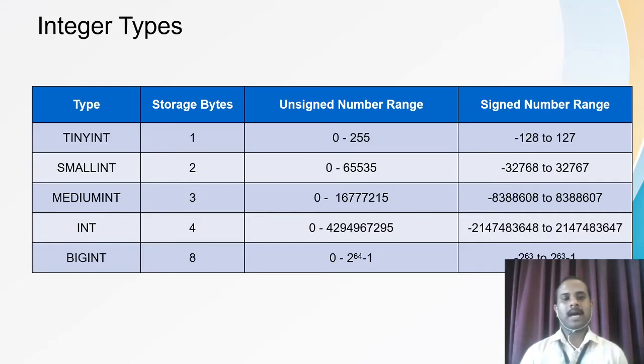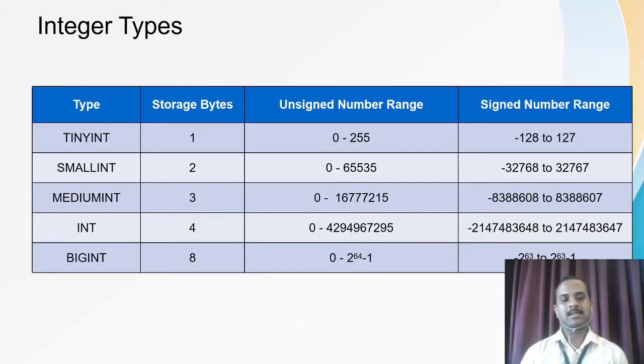So your maximum value is 2 to the power 8 minus 1. Small int uses 2 bytes, so your maximum value is 2 to the power 16 minus 1, which comes to 65,535.